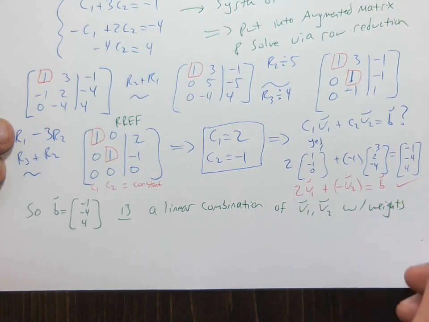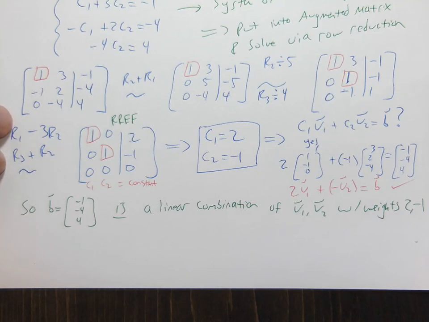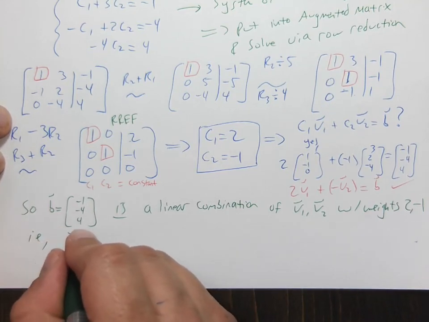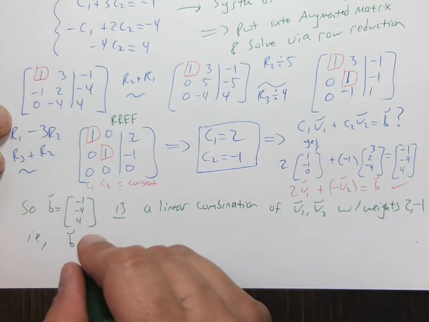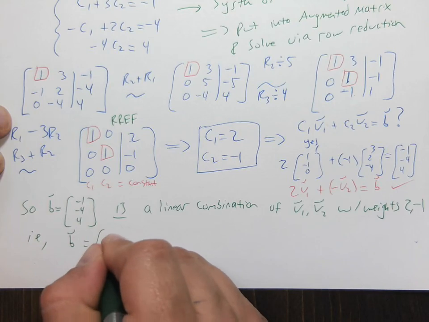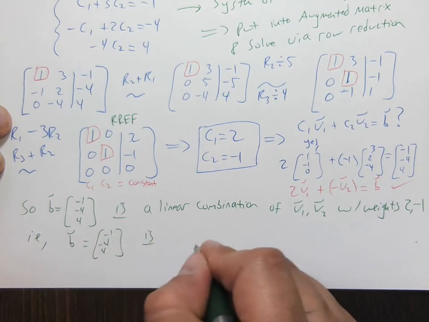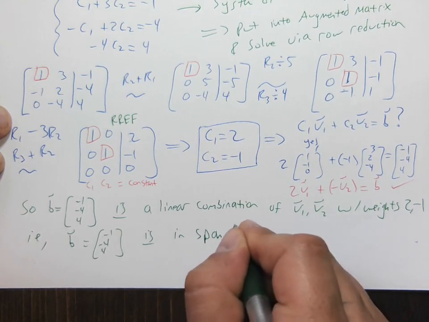The weights are the C's, right? So the weights would be 2, minus 1. In other words, since B is a linear combination of those two things, B, which I'll write down this vector one more time, is in the span of the other two vectors.